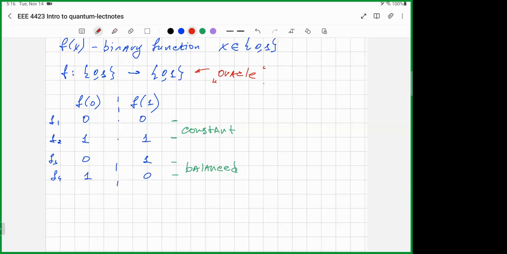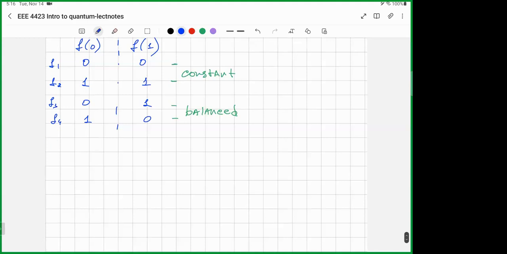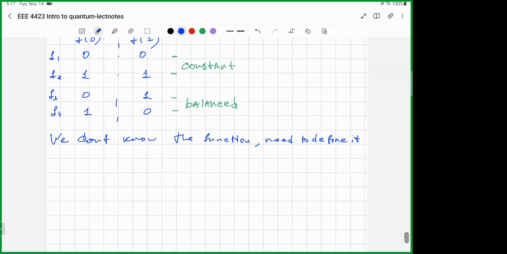And let's suppose that we have a function, but we don't know the type of it, the type of the function we have, and we need to define it.